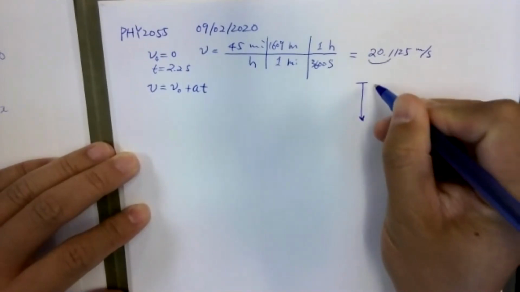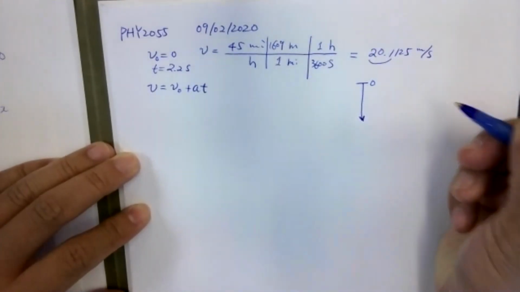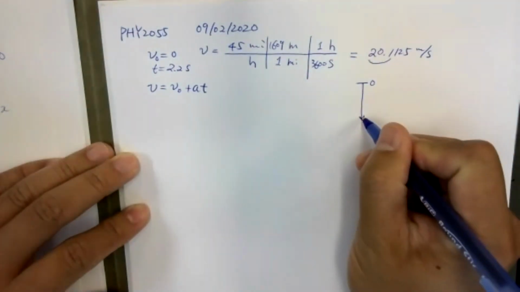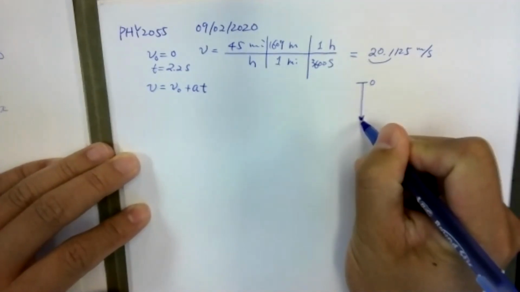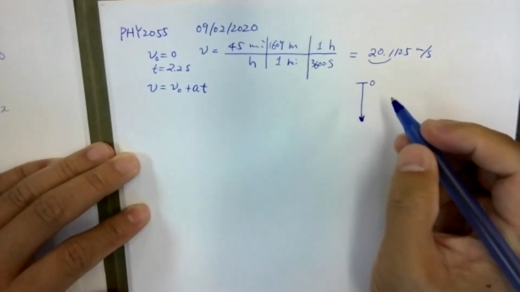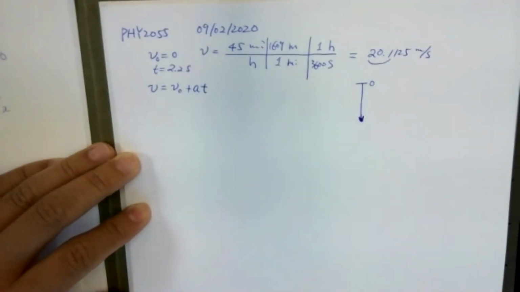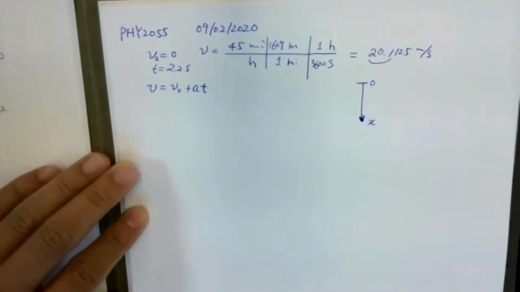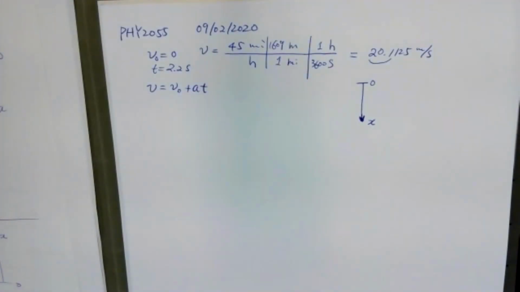The origin is arbitrary, you can pick any place to be the origin. Also, you can make the positive direction arbitrary. Typically, people take upward to be positive, but it doesn't matter. You can say downward to be positive.